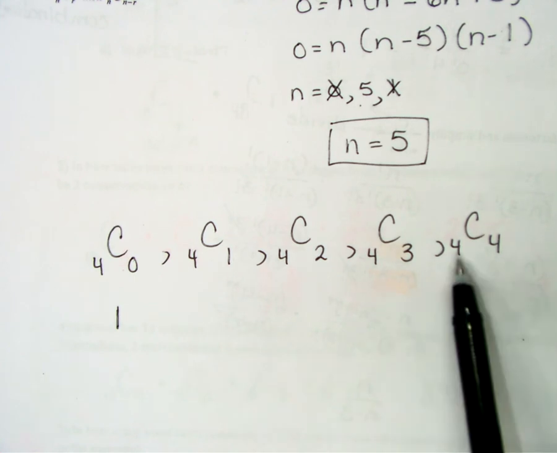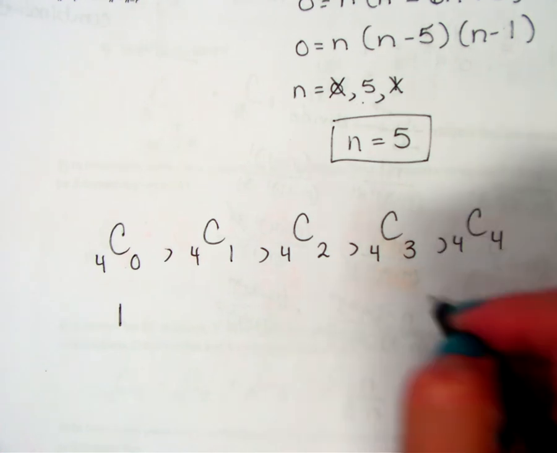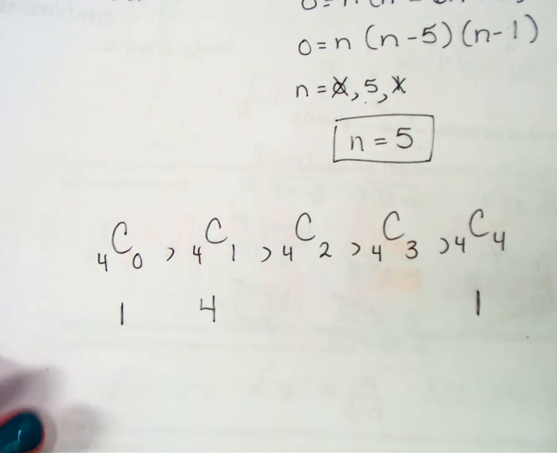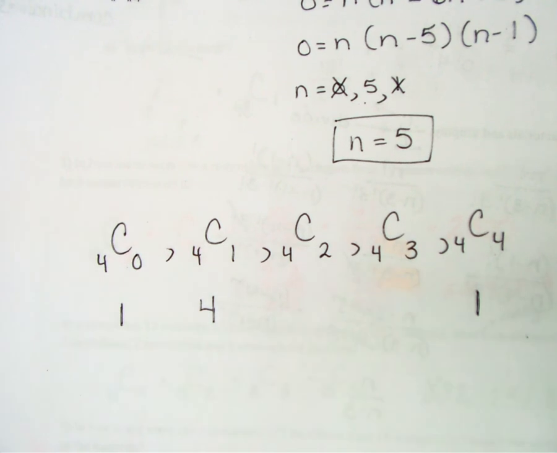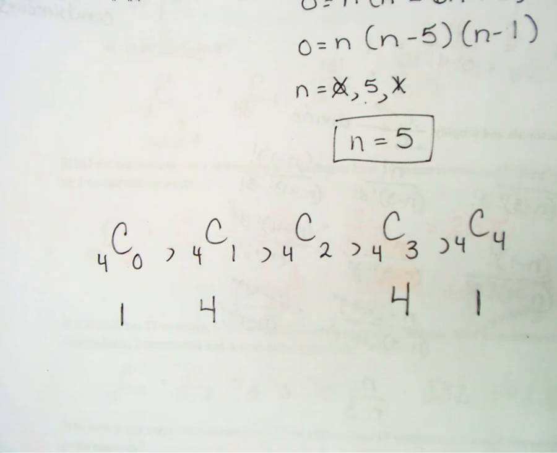If I have 4 things and I choose all 4 of them, how many combinations? 1. If I choose 1 of them? 4. If I choose 3 of them? 4. And if I choose 2 of them? 6.